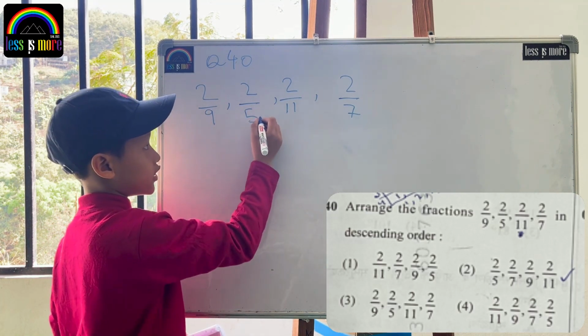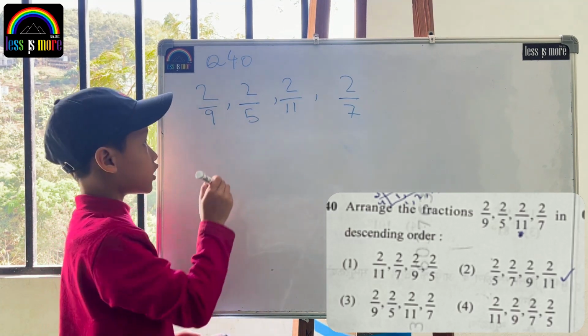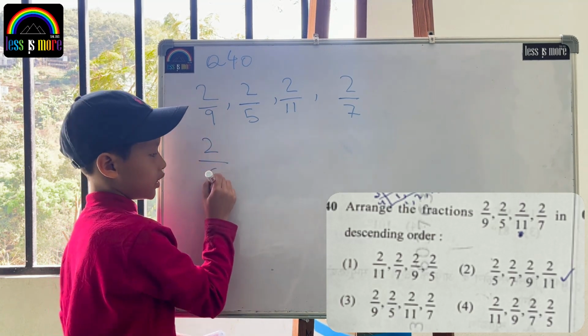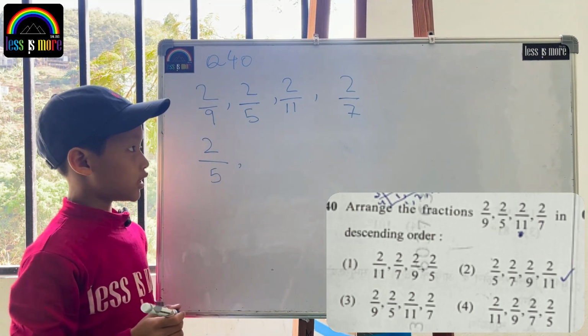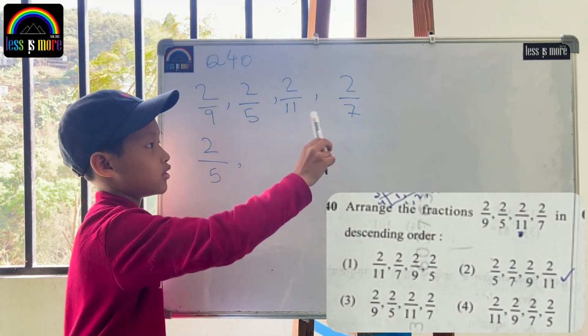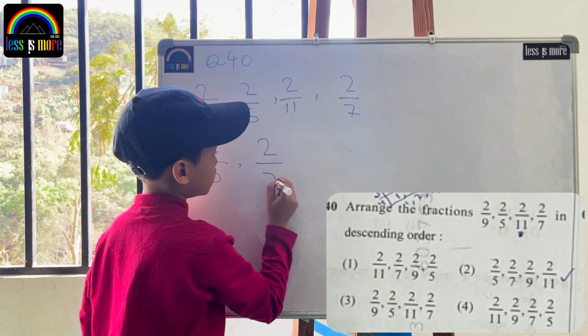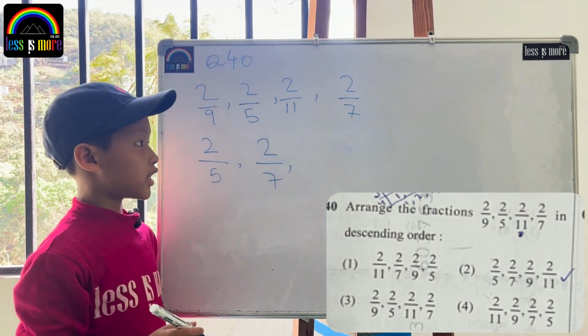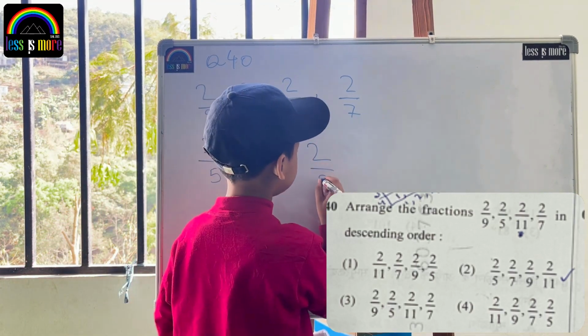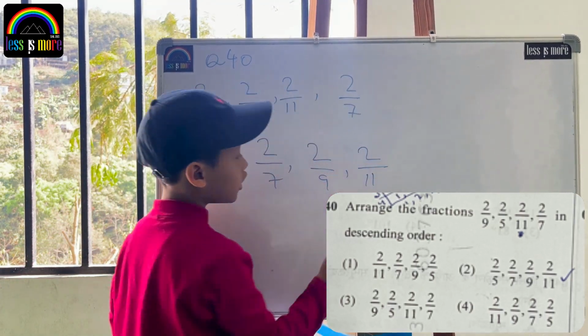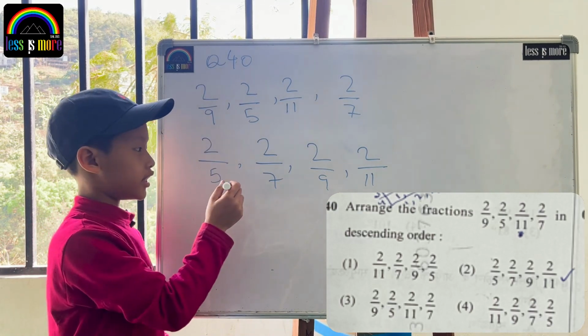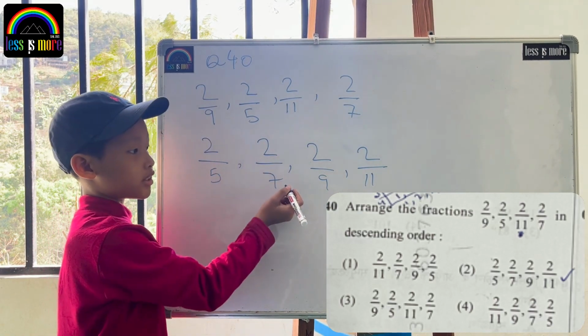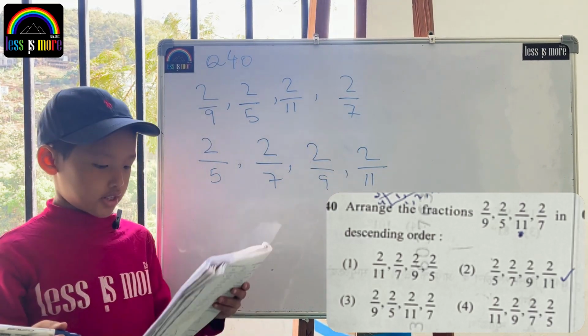Since 2 by 5 has the smallest denominator, 2 by 5 will be the biggest fraction. Then the next one will be 2 by 7, and we continue like that. So the answer to question number 40 is 2 by 5, 2 by 7, 2 by 9, and 2 by 11.